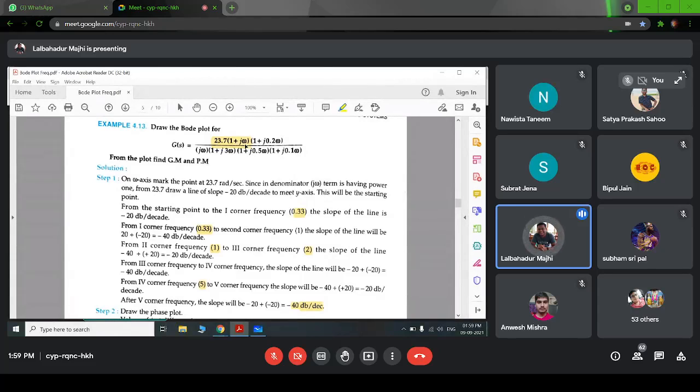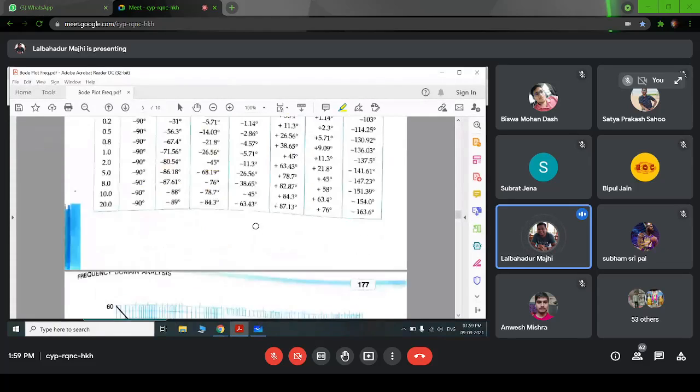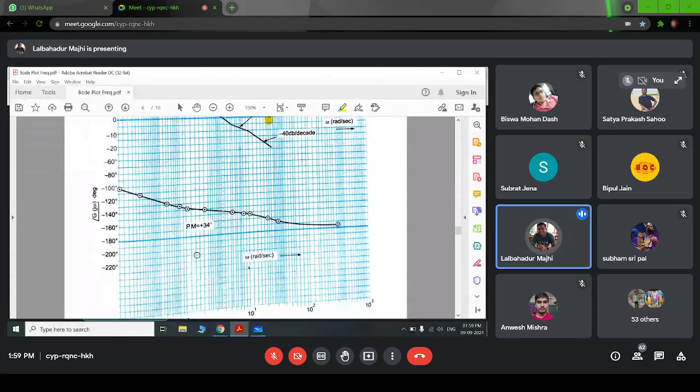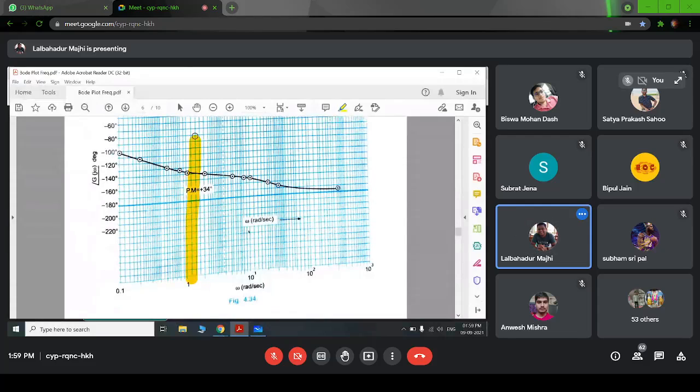So this 1 plus j omega is a zero. That means we have to add plus 20 dB per decade to this minus 40 dB per decade slope. So the slope will be minus 20 dB per decade from this corner frequency 1, at this point.